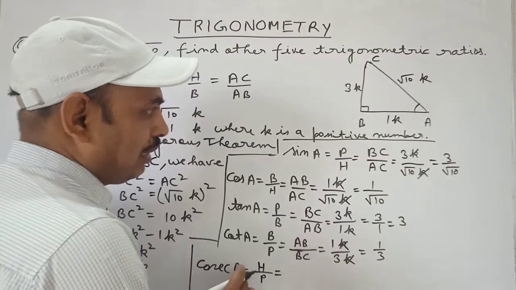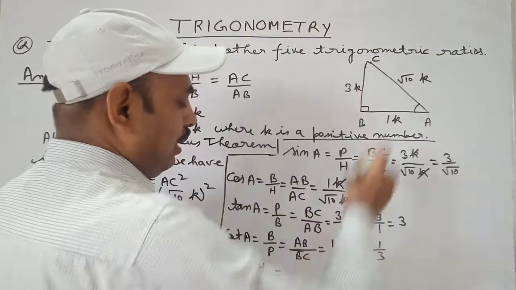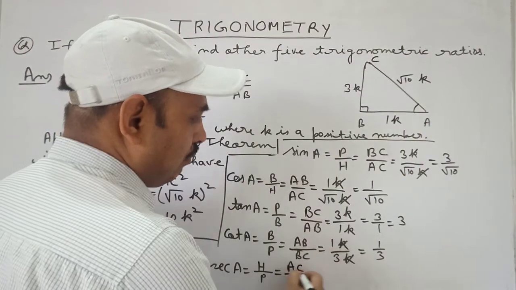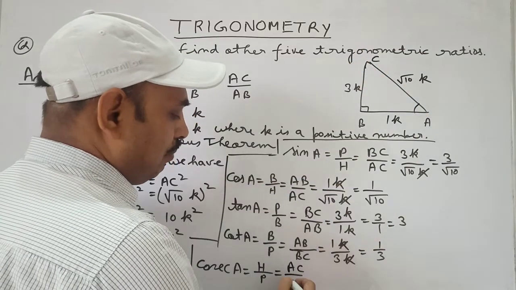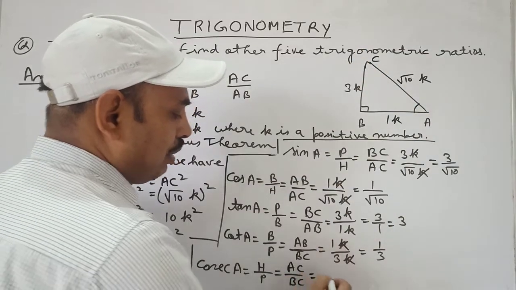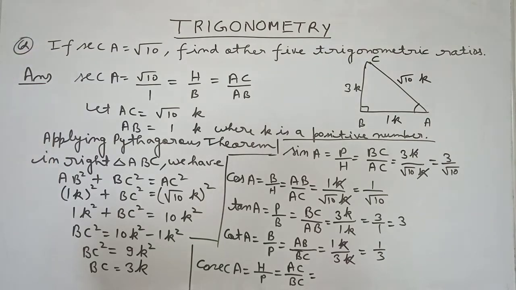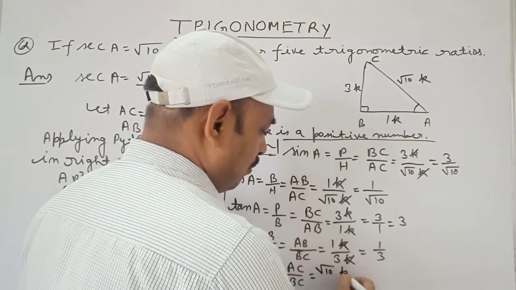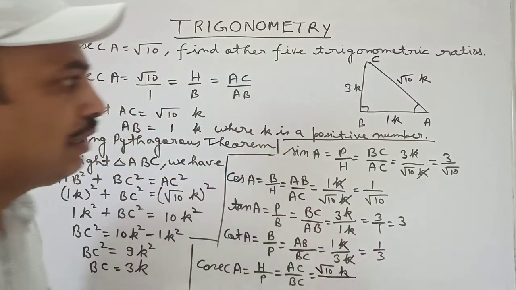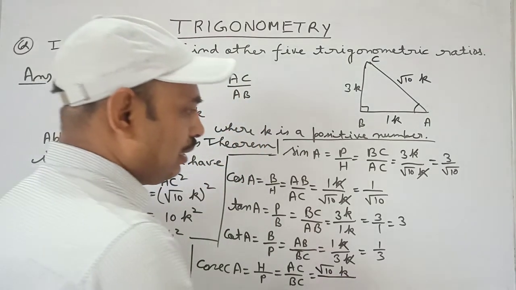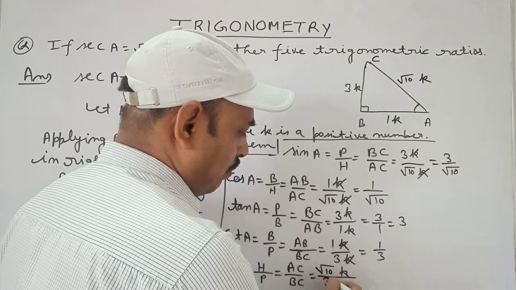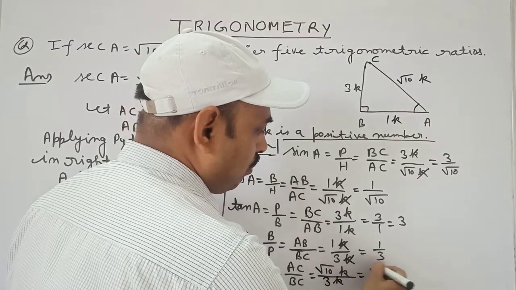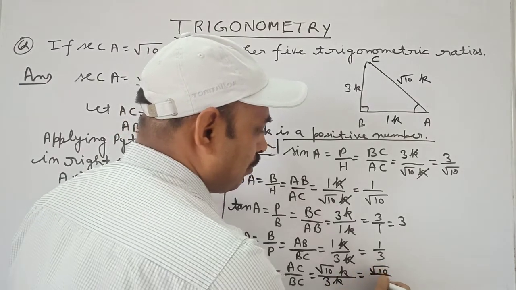For angle A, hypotenuse is AC. For angle A, perpendicular is BC. So this is equal to AC upon BC. Root 10k upon BC. BC is 3k. So this is equal to root 10 upon 3.